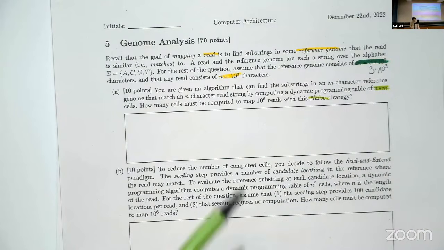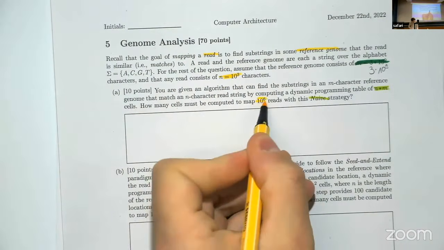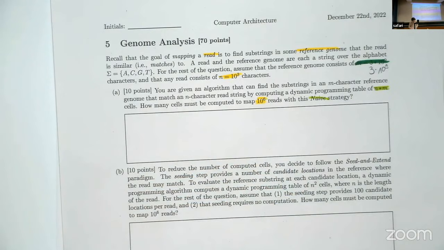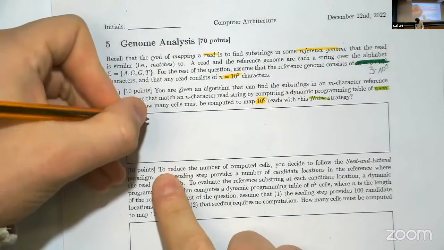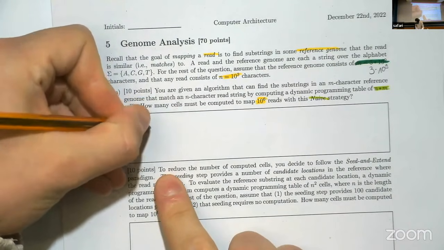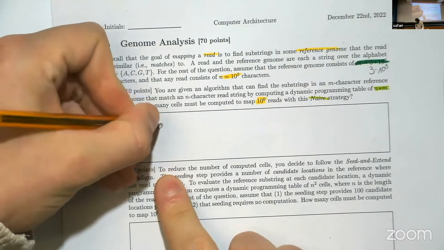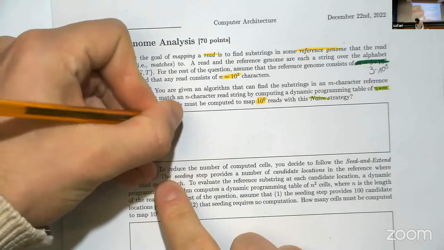For 10 to the 6 reads, that's simply a multiplication: 3 times 10 to the 9 times 10 to the 3.